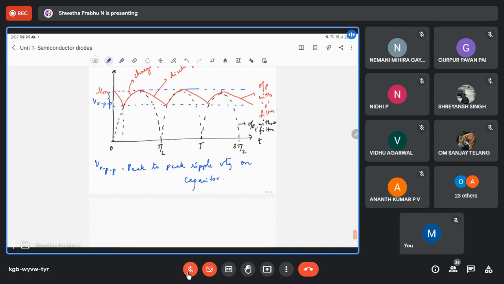And from here to here, this is TC, and from here to here, this is TD. TC represents the charging time of the capacitor.